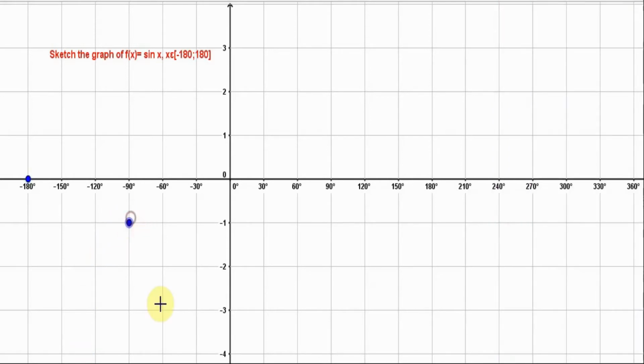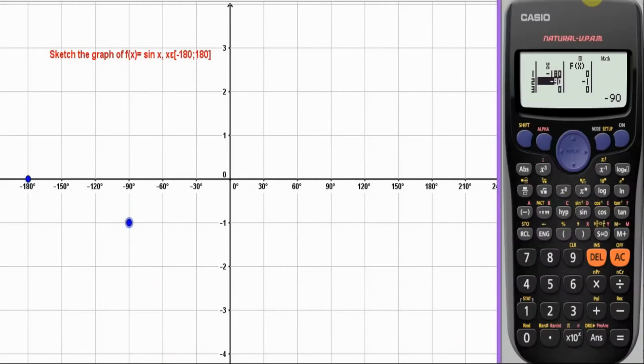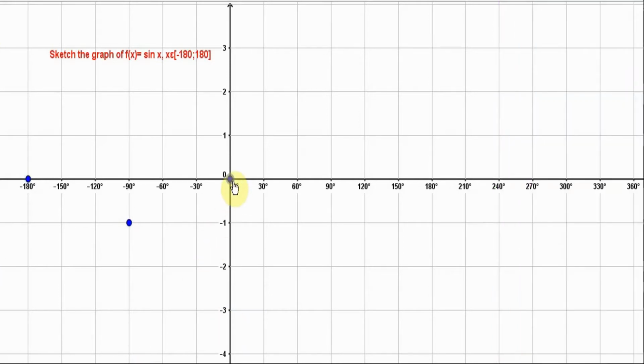Look at the point. Then we have 0, 0 on the calculator. So we go there. 0, 0. What will be the next number? 90 and 1. And the last number, 180 and 0.